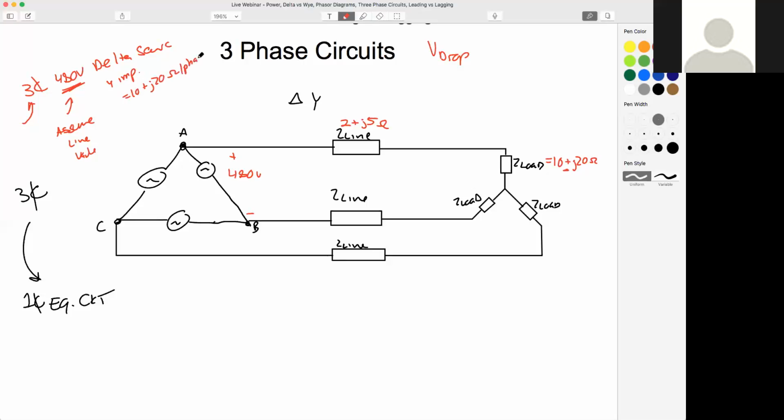This is how you're likely gonna hear the problems. And it's connected through a transmission line that has a 2 plus J5 ohm impedance. So that's our line impedance, okay? What is the voltage drop across the load? So what is VZ load?